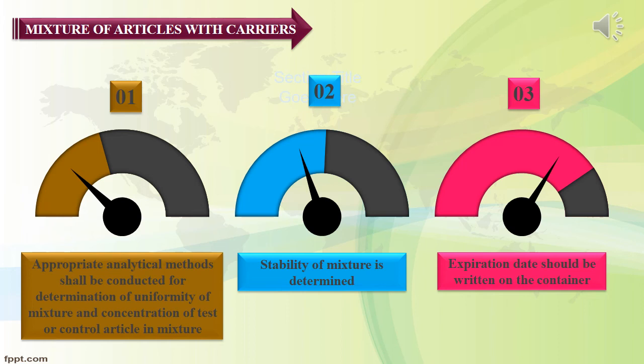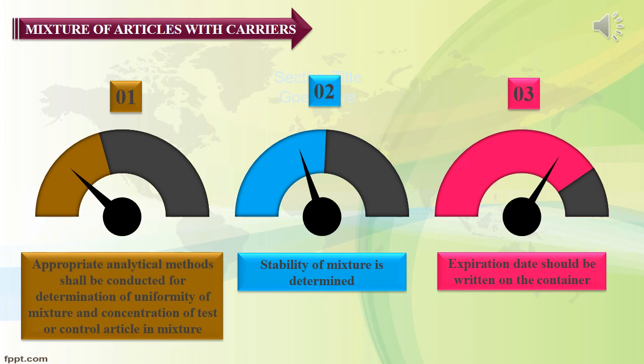Then let's move on to mixture of articles with carriers. First one, appropriate analytical methods shall be conducted for determination of uniformity of mixture and concentration of test or control article in the mixture.